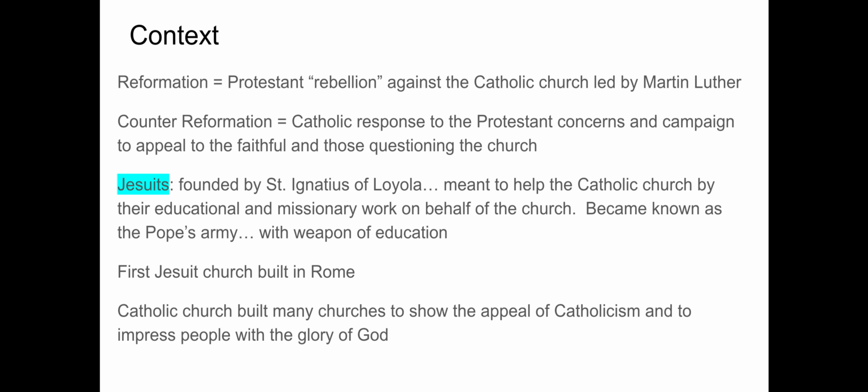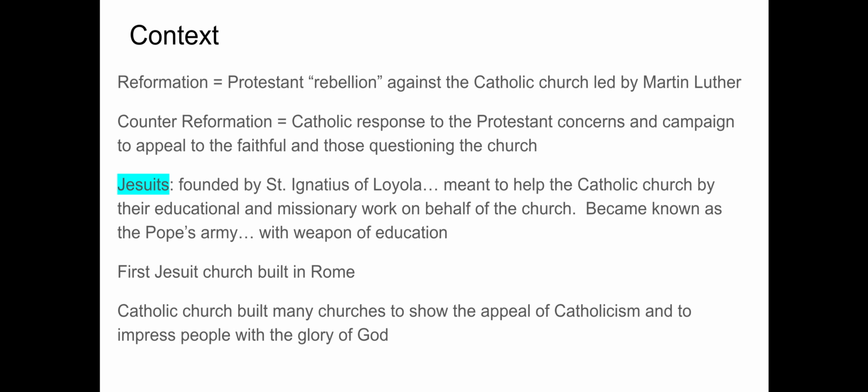So our first vocab term is the Jesuits. Now, the Jesuits is a group that was founded by St. Ignatius of Loyola, and it was a group meant to aid the Catholic Church by going out and doing educational work, missionary work on behalf of the church, to educate people on the Catholic Church and to really get people to join or get people to stay.